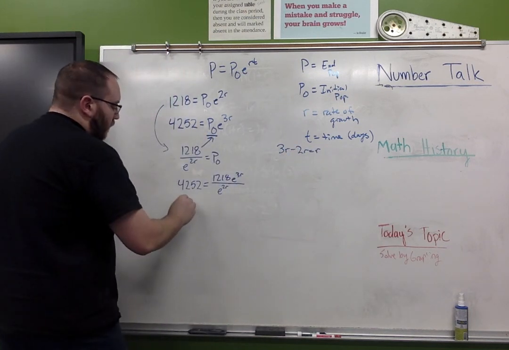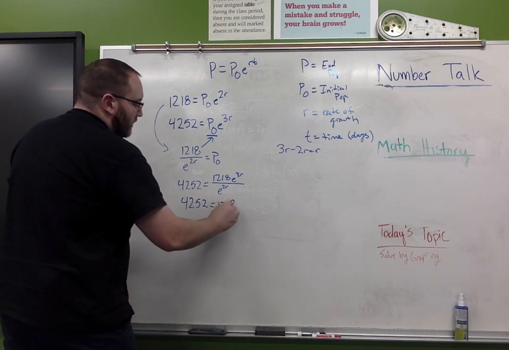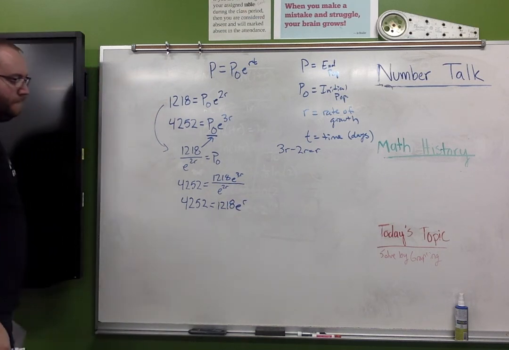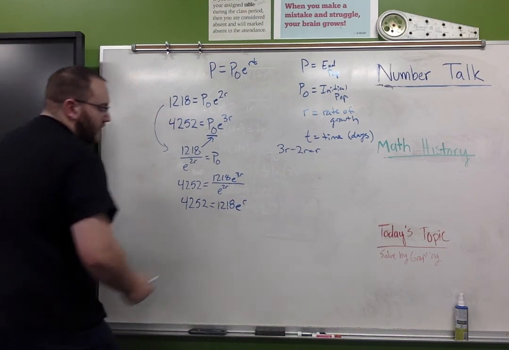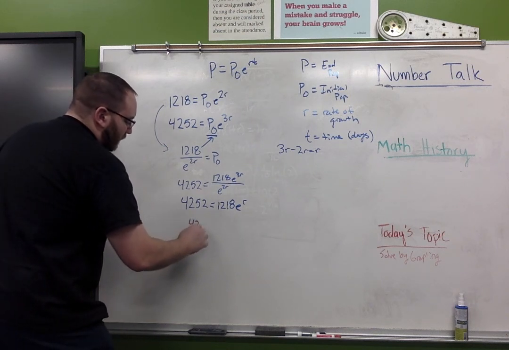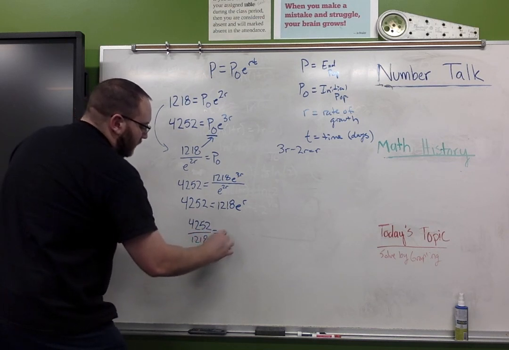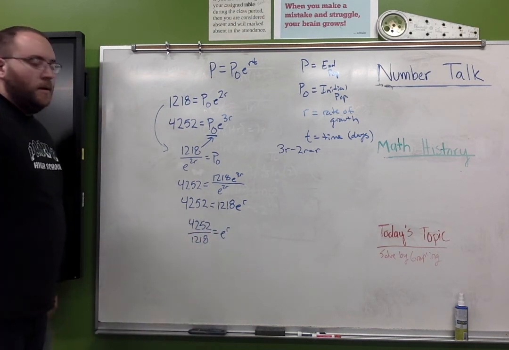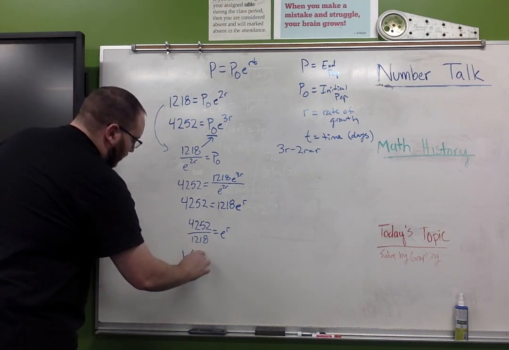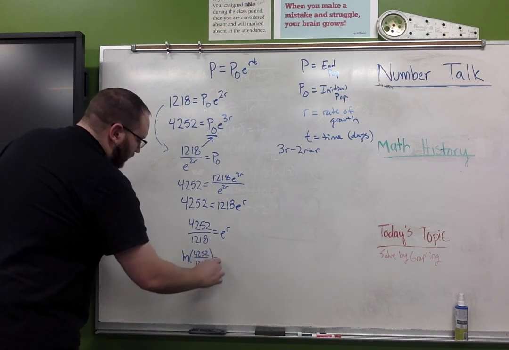So 4,252 is equal to 1,218 times e to the 1r power. Divide by 1,218. So we get 4252 over 1218 is equal to e to the r power. Convert it to a logarithm. So natural log of 4252 over 1218 is equal to r.